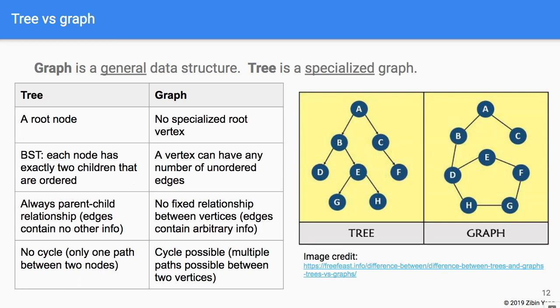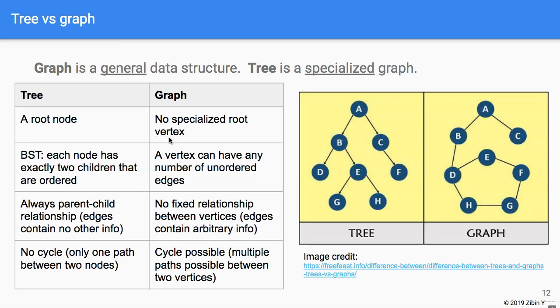And speaking of trees, since we started with trees, let's conclude this video by comparing graphs with trees. As you already saw, a graph is a very general data structure, and a tree is just a very specialized graph. For example, in a tree there is a singular dedicated node that is the root node.